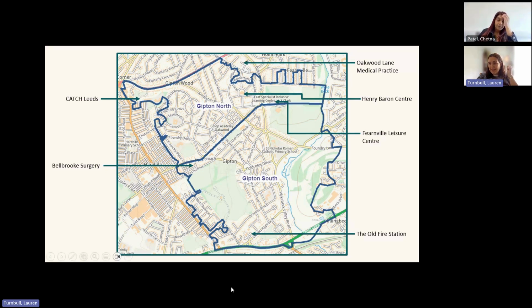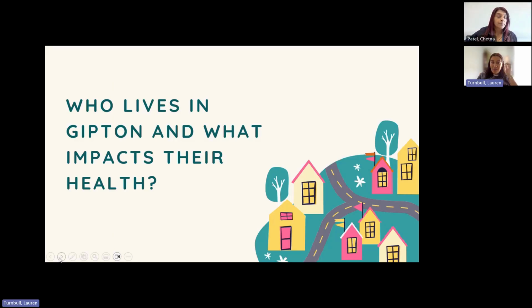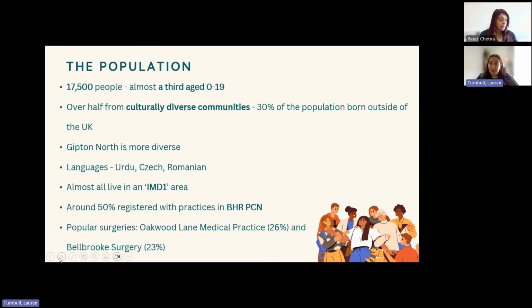So Gipton has often been thought of, compared to Harehills particularly, as a predominantly white British population, and really different to its neighbouring Harehills. But what we've looked at in this assessment is that that's changed quite a lot, and it's become a much more diverse area. There's about 17,500 people across Gipton as a whole.